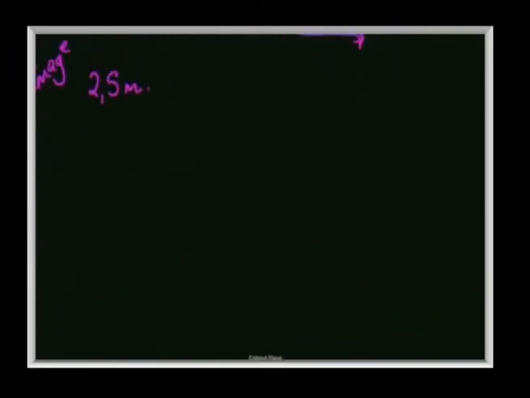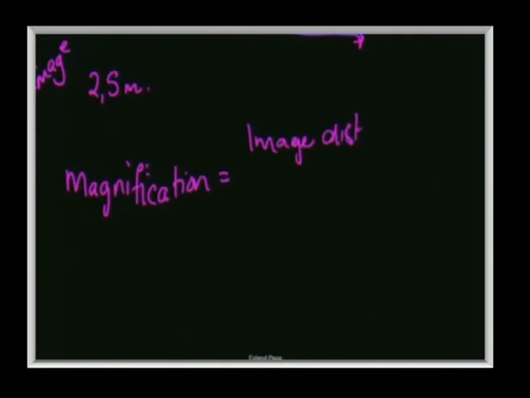When we calculate our magnification, remember that I is before O in the alphabet, and therefore when I go and write out my formula, it would be my image distance over the object distance.